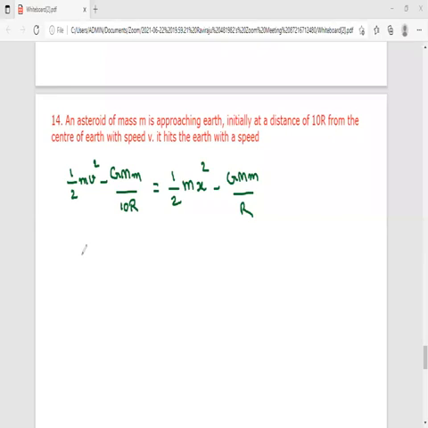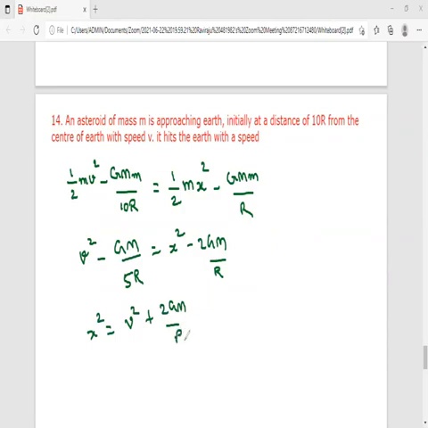Then what will be the answer here? V square minus, if you multiply with 2 here, G capital M by 5R equals X square minus 2 G M by R. Finally, X square only we have to find out. X square equals V square plus 2 G M by R minus G M by 5R.